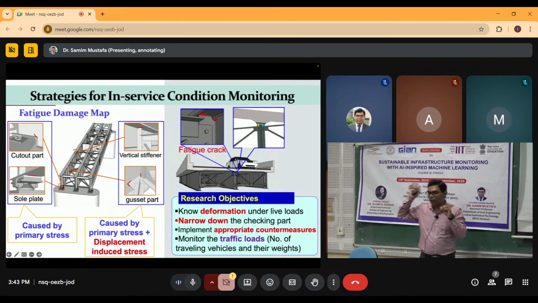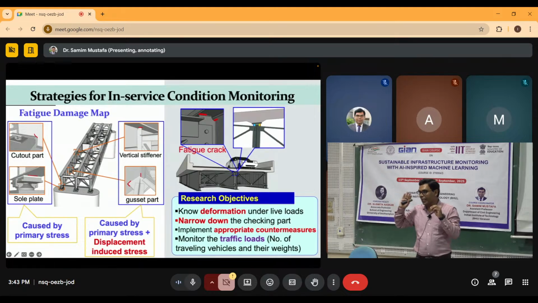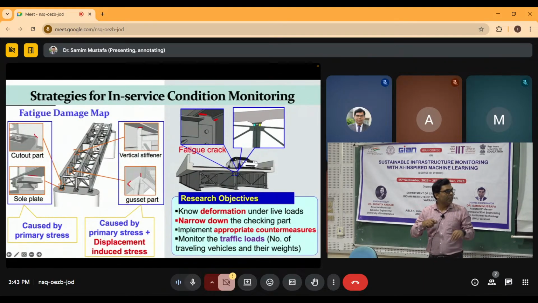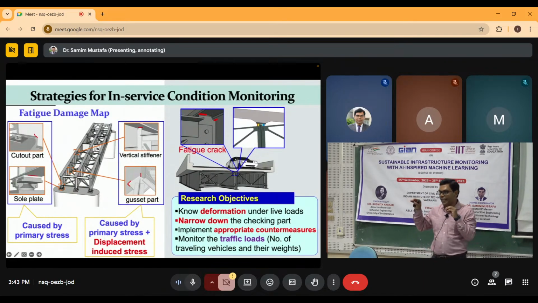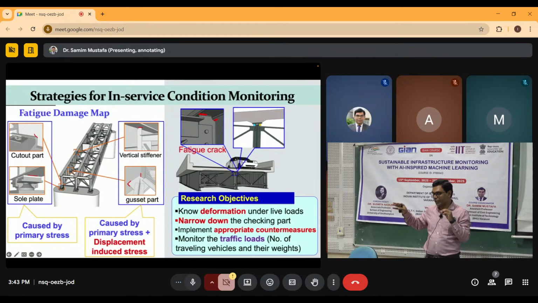So of course, from common sense, there will be less probability of getting fatigue damage there. So this will not only help us to narrow down the checking part during the manual inspection, but also help us to understand the structural performance in a much better way.